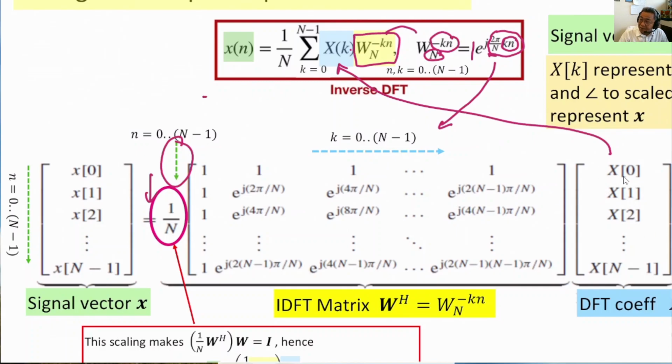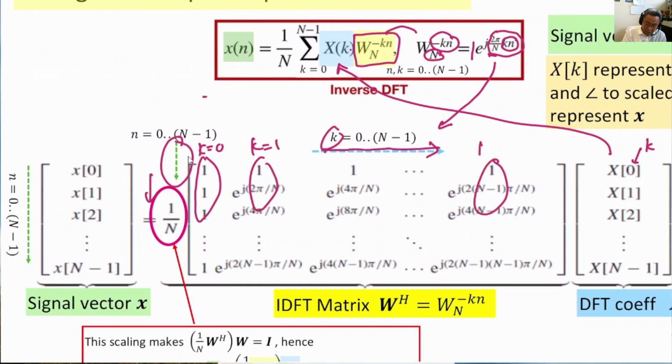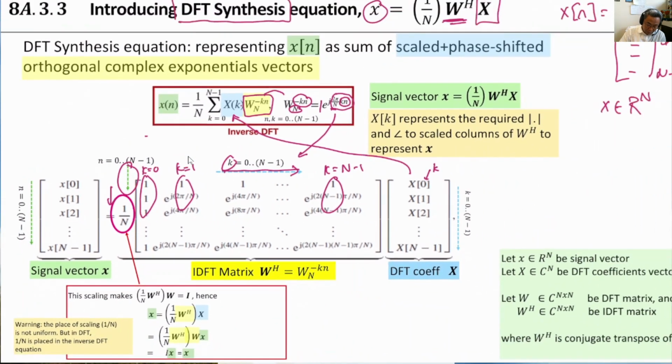The X's are indexed by k's. And since k goes from 0 to n minus 1, we are also viewing this matrix from the horizontal direction as along k's. And later on you'll realize that k is for discrete frequency, the harmonic, the kth harmonic, we use the term. The first column is k equals 0. The second column is k equals 1 and so on until k equals n minus 1.